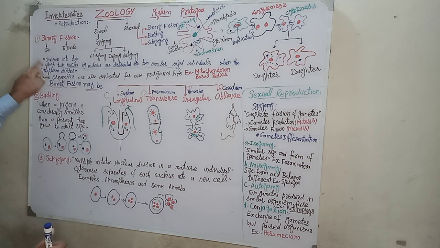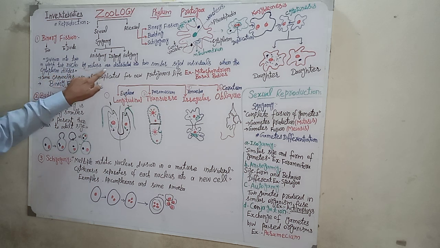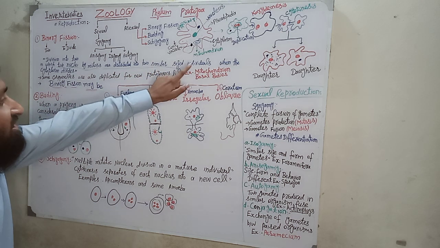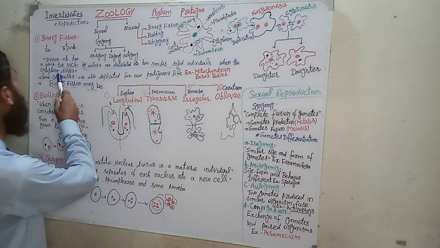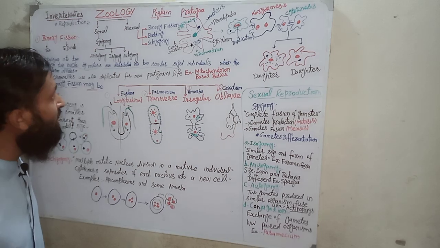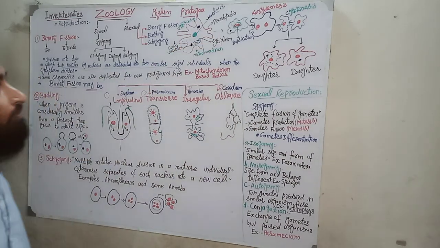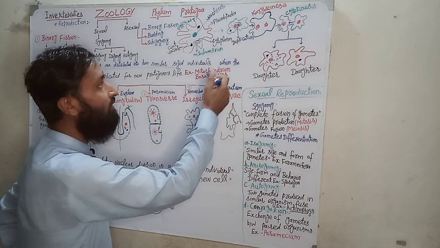So we see here division into 2, in which 2 nuclei by mitosis are distributed into 2 similar sized individuals when the cytoplasm divides. It means division of a single organism by 2 nuclei.